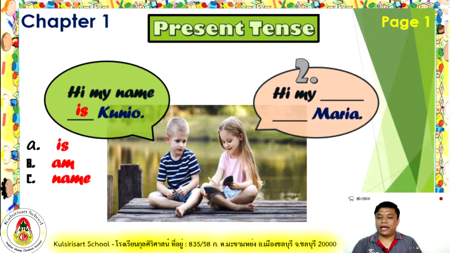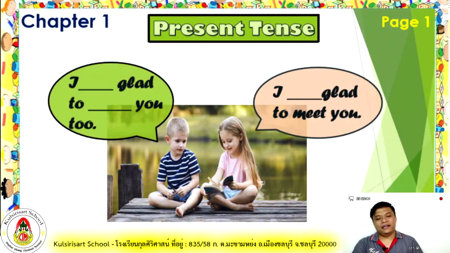Number 2, you will answer, hi, blank is blank, Maria. What do you say? Hi, my name is Maria. Very good. Good job. The next items, we have numbers 4, 5, and 6.